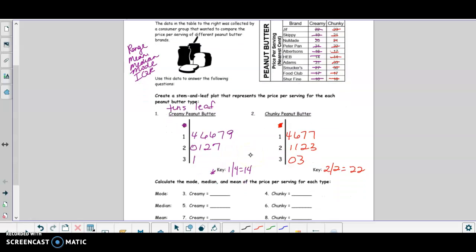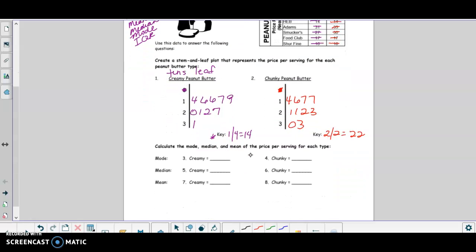From this information, we can calculate several things. We're going to calculate the mode, the median, and the mean. We could do the other ones, but for our purposes today, we're going to stick with these. So the mode is very easy to see when we look at a stem and leaf because you're looking for those repeats, and I can see here 16. The median, these are kind of in order already.